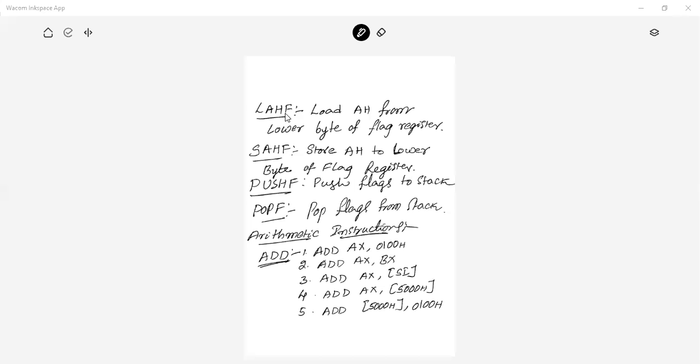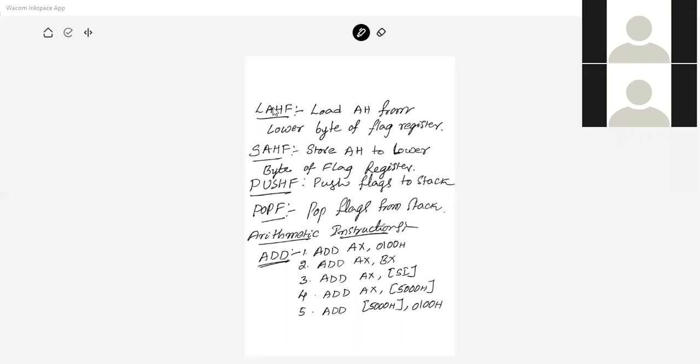Here the LAHF instruction loads AH from the lower byte of the flag register. The flag register is a 16-bit register, with a lower byte and a higher byte combined together. Whenever we want to copy the lower byte of the flag register, we can use the instruction LAHF, such that we load the lower byte of the flag register into the AH register.